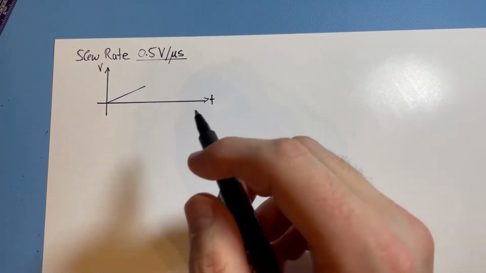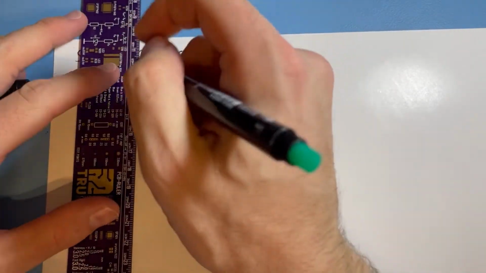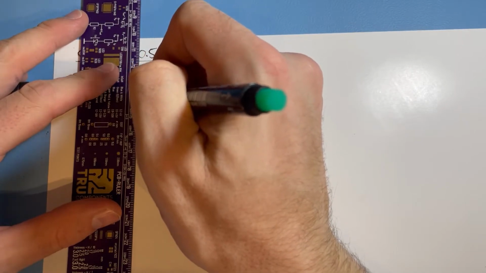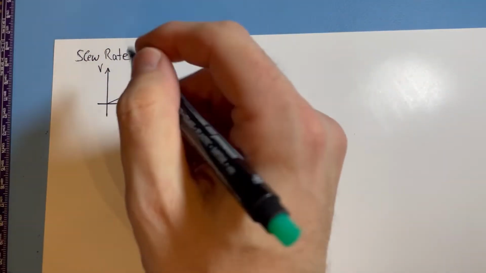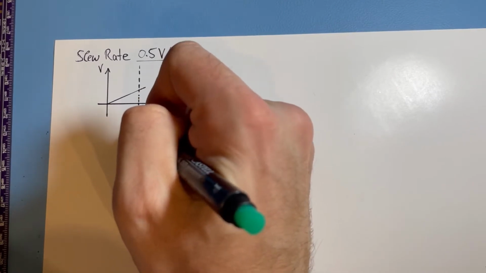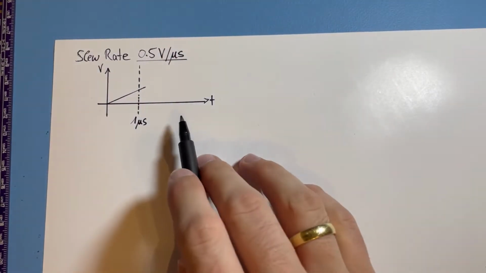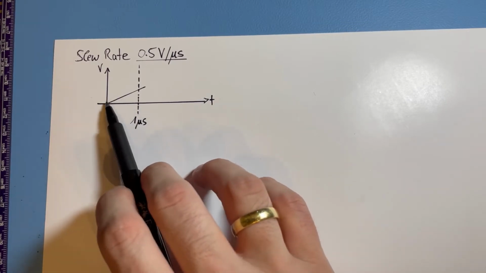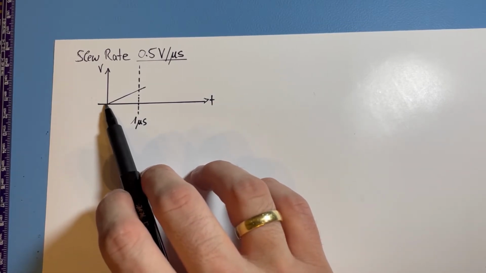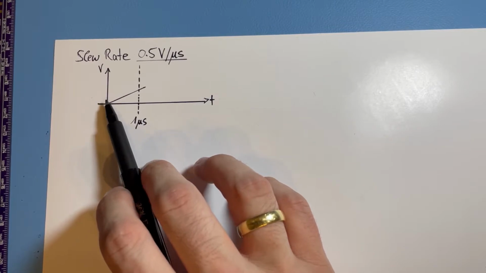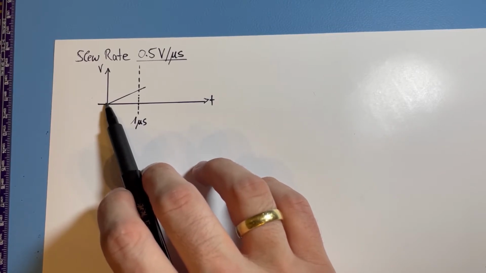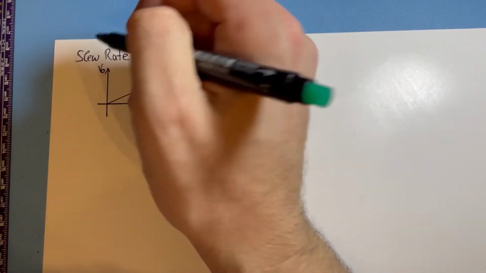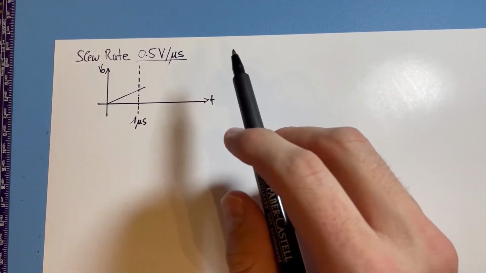Let's draw an imaginary line here, and let's say that this point in time is 1 microsecond. Let's say the device we are looking at has a rise over time on its output, and let's say this is VO, the V output of the device.